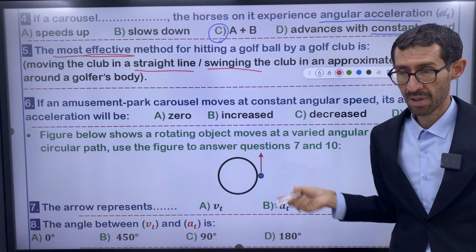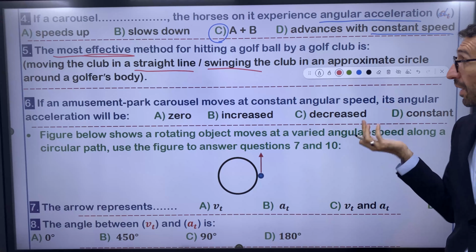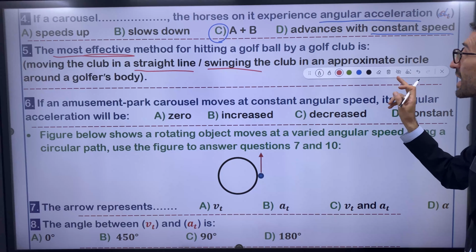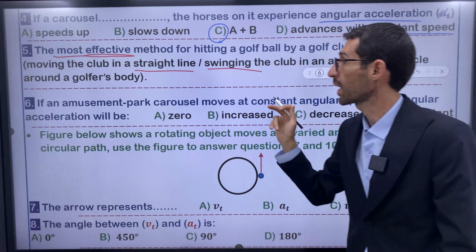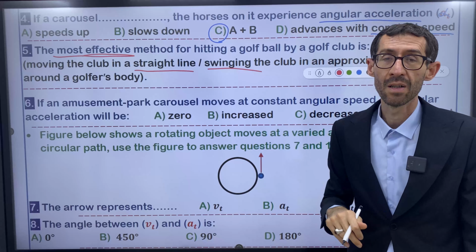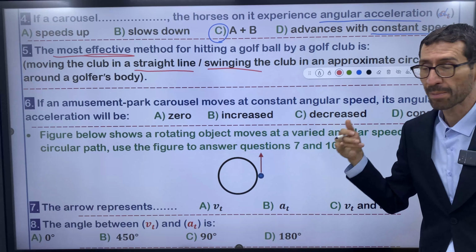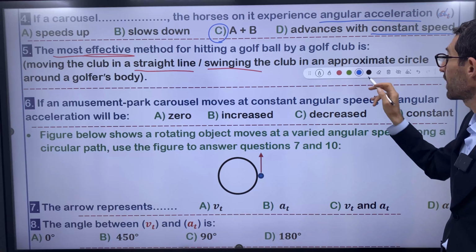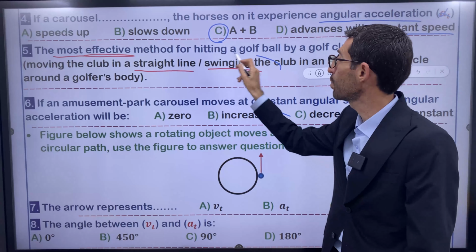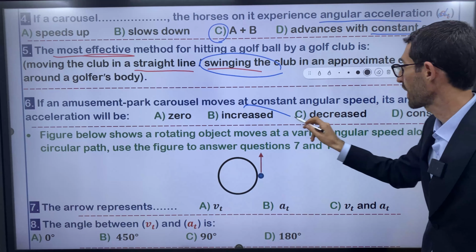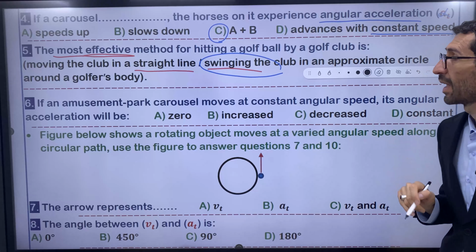Swinging means rotating the club, swinging the club in an approximate circle around a golfer's body. Of course, I'm sure you know the answer because I explained it in previous lessons. And so swinging is more effective, right? This is the answer, swinging, right?